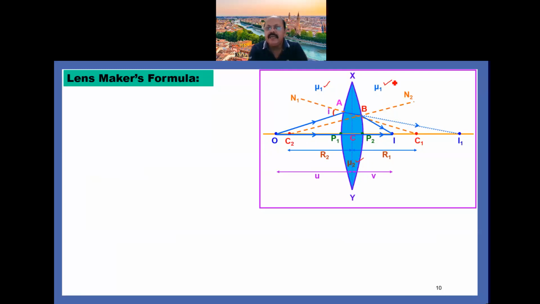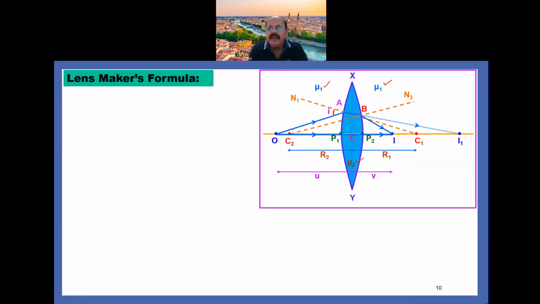Then I1 is the real image of point object O. Remember it, this is when there is no second surface of the lens, that is xP2y. Just you have derived the formula and the ray diagrams you have understood. But in a lens there is always a second surface, so xP2y should be there.